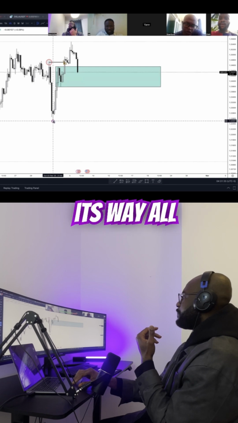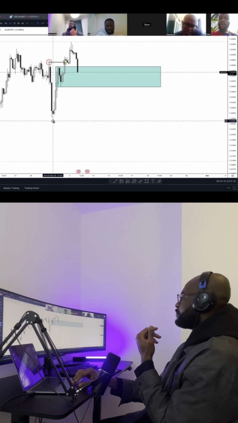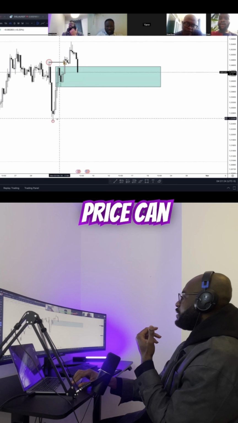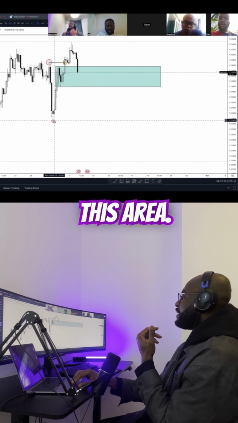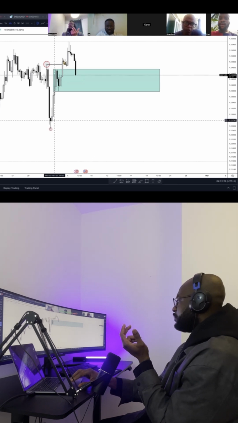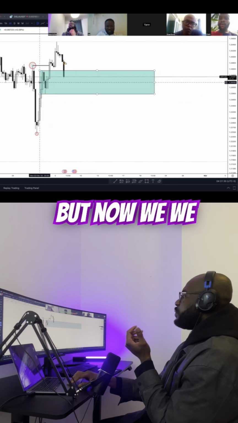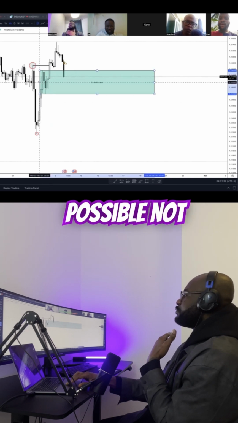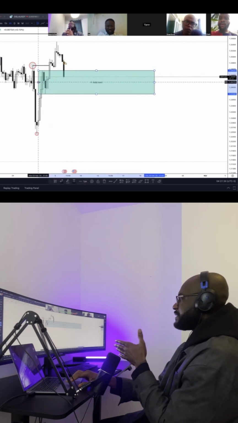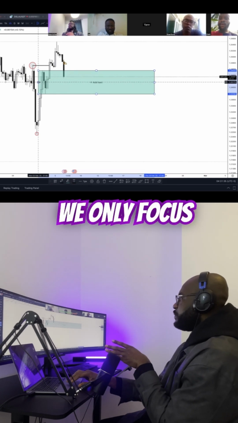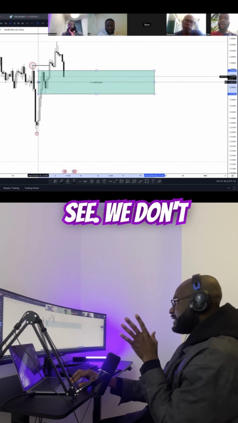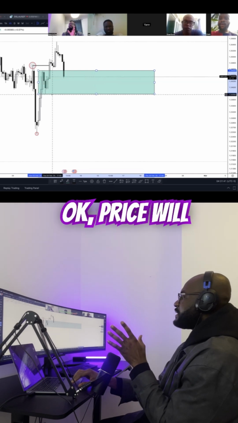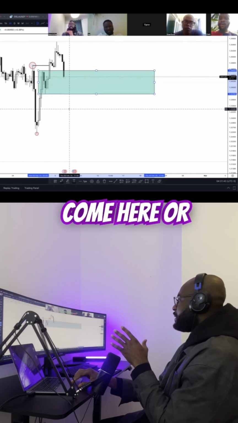Will it not make its way all the way down there? Yeah, into that area. Price can still decide to come down to this area. It's not impossible. But we try as much as possible not to predict what the market will do. We only focus on what we see. We don't say price will definitely come here or there.